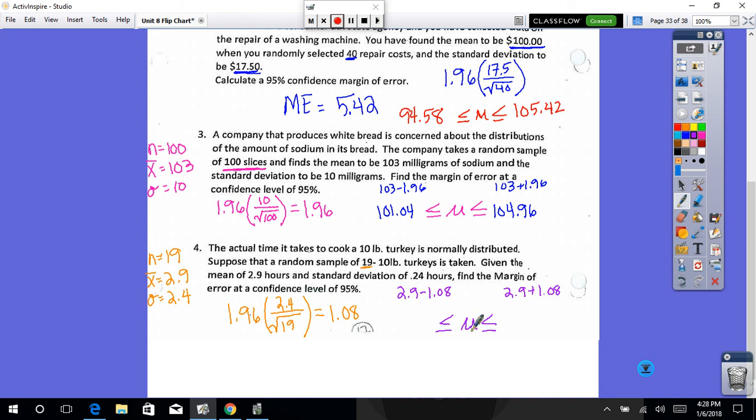Okay, when we subtract it from the left, we get 1.82. And when we add it, we get 3.98. So again, there's your range of hours that it took to actually cook the turkeys. Okay, there's your 95% range right there.